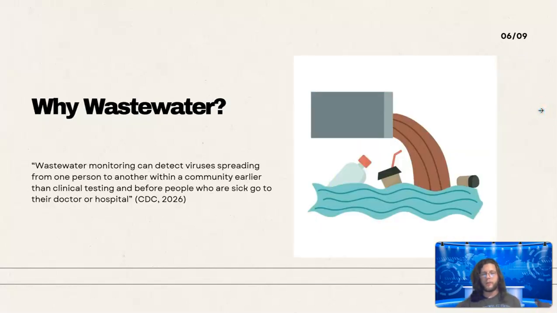Why do we look at wastewater? Wastewater monitoring can detect viruses spreading from one person to another within a community earlier than clinical testing and before people who are sick go to their doctor or hospital. Wastewater testing measures viral activity within water, and therefore it can indicate whether or not there is the presence of disease before specific clinical or laboratory testing is provided, and potentially before massive outbreaks occur or before the disease is identified for what it is.